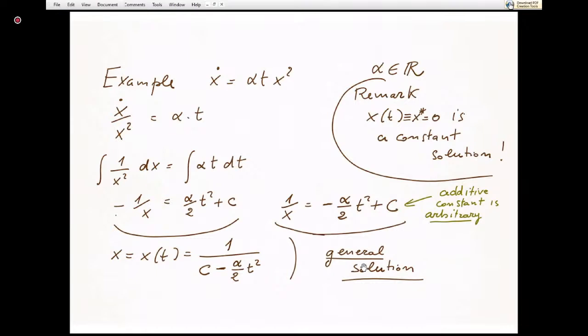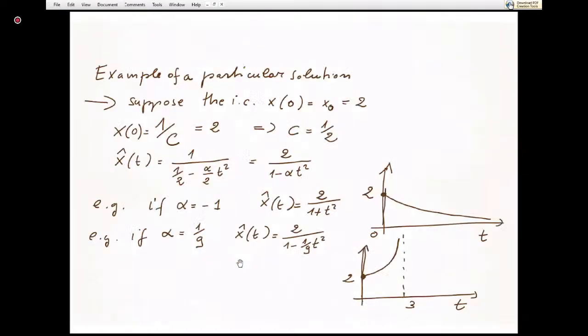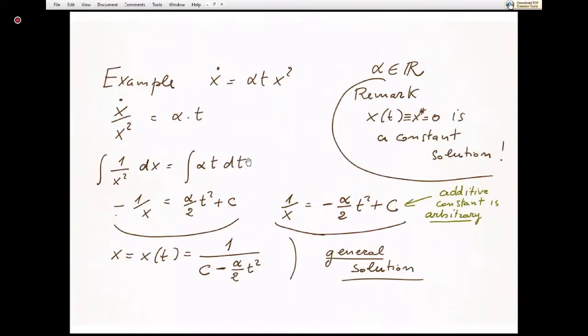We want to understand what the solution looks like for a given initial condition and by specifying some numerical values for this alpha. Suppose that the initial condition is x0 equal to 2. x at time 0 must be equal to 2.